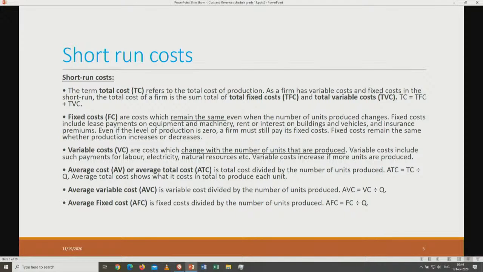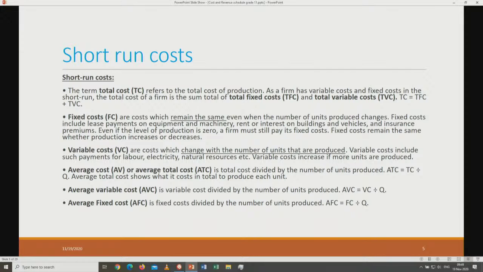So fixed costs include lease payments on equipment. If you have hired equipment, say for 6 months, every month you'll have to pay a certain amount for that equipment or for that machinery.